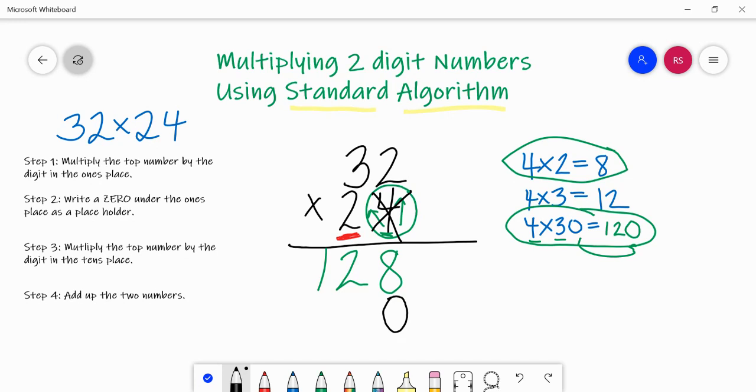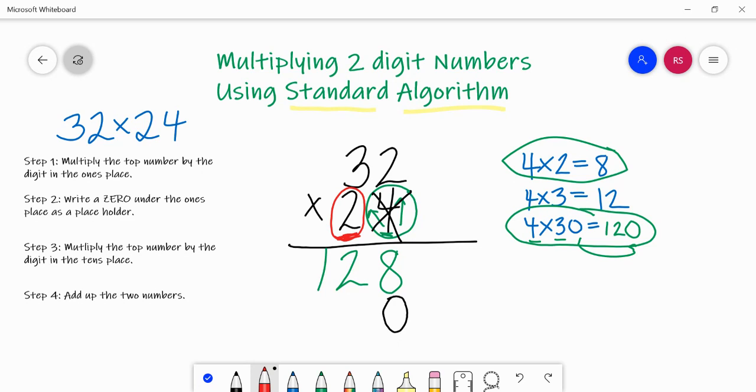So now, after we crossed off our digit in the ones place and put our 0 placeholder, we're going to move on to step 3. Step 3 says we're going to multiply the top number, again, which is 32, by the digit in the tens place of this bottom number now. I already did my 4, now I'm going to multiply this 2 by that 32 up top.